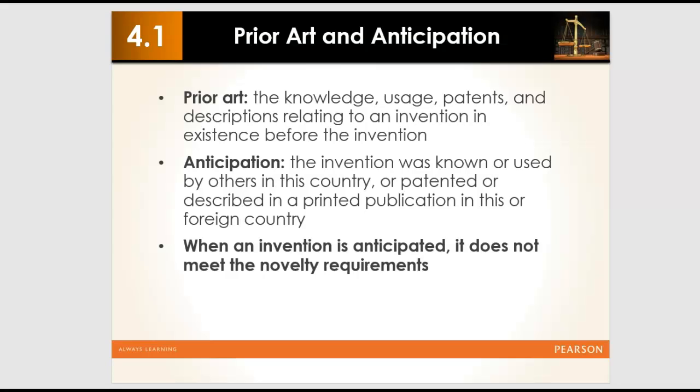It is very important to apply for a patent as soon as you make your invention, and also to research other patents available or other publications, other inventions that are not patented yet but that may be available, because the inventor may have issues or problems with anticipation.